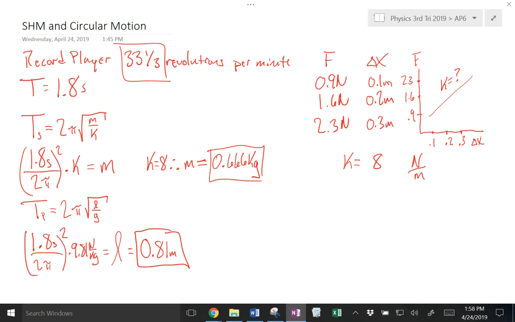One's for a pendulum and the other one's for the oscillator. All right, so that's the ballpark.